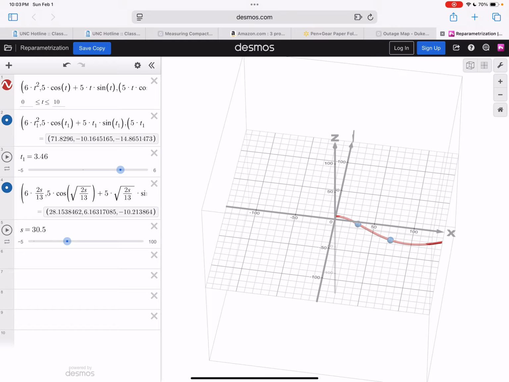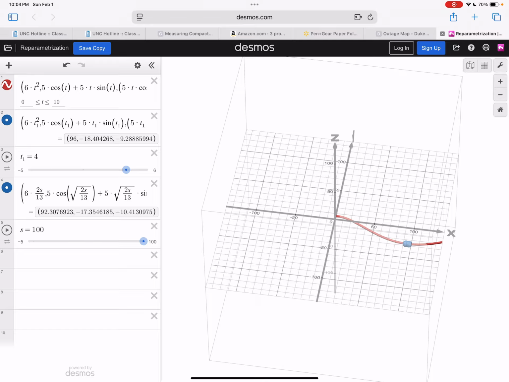This one is parameterized for t, so when t equals, say, 4, you're way over there at 100. Whereas when you're parameterizing with s, you have to go all the way to 100 to get where t equals 4. And so the parameter is the arc length.